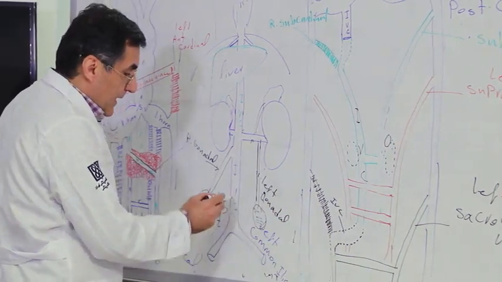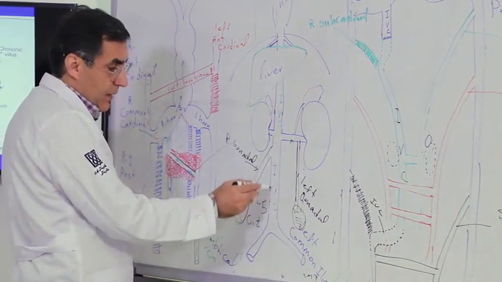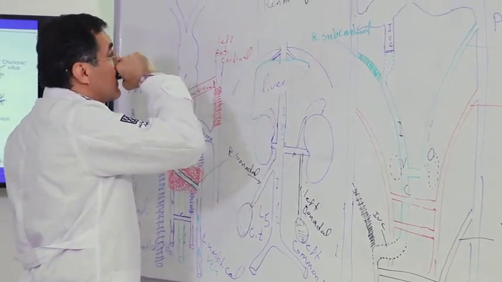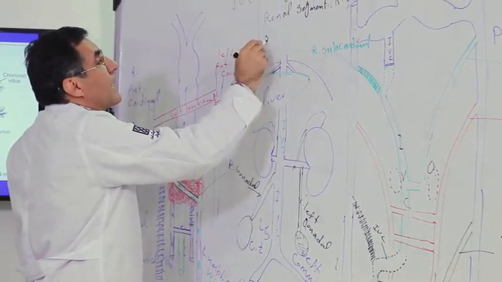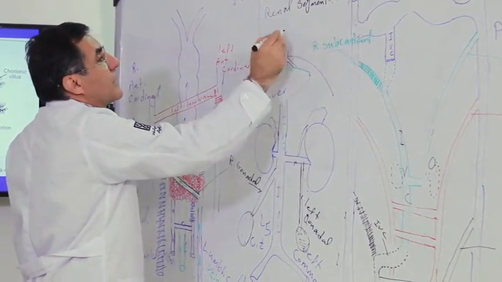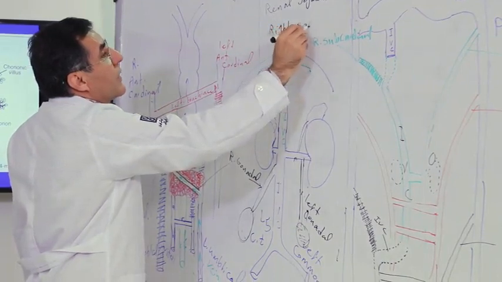It means that this part of the IVC, the last part, is made by the right sacral region. This is the right sacrocardinal.